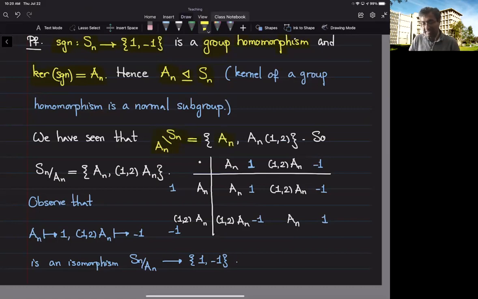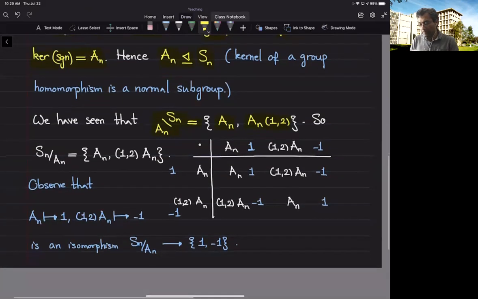One of them is A sub n, the coset that's represented by the neutral element, and the other one is the coset that's represented by the transposition (1 2). Because A sub n is a normal subgroup, the set of left cosets is equal to the set of right cosets, and I can simply bring this to the other side because A sub n is a normal subgroup.